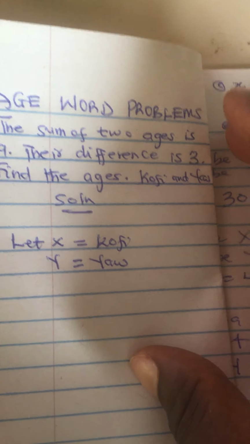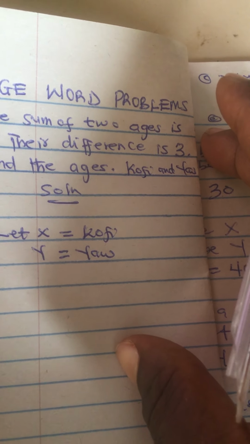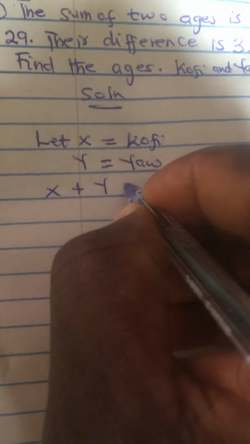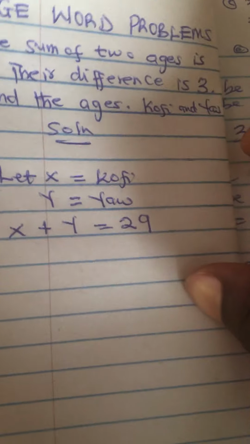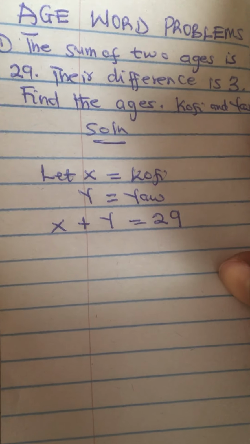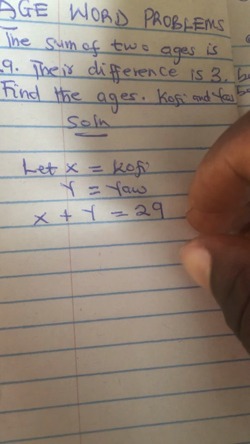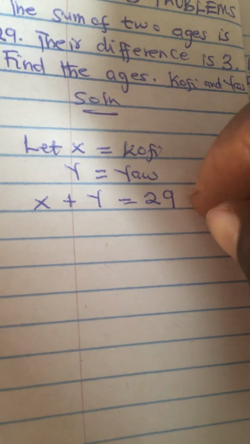So let's look at the first clue. The first clue says that the sum of two ages is 29. So X plus Y equal to 29. Always when you draw the first equation, make X the subject.